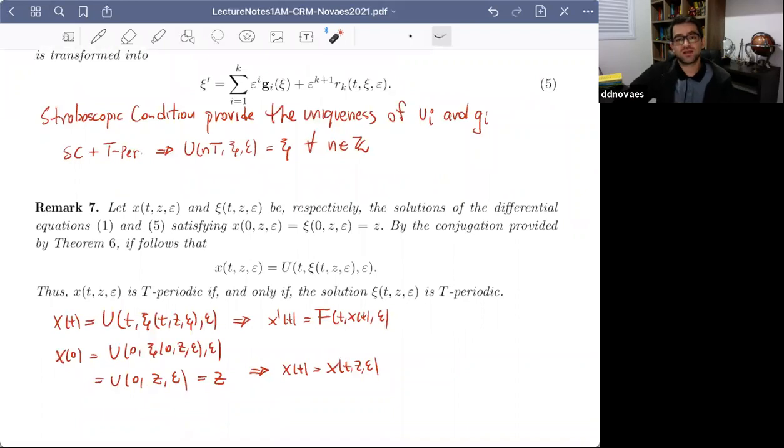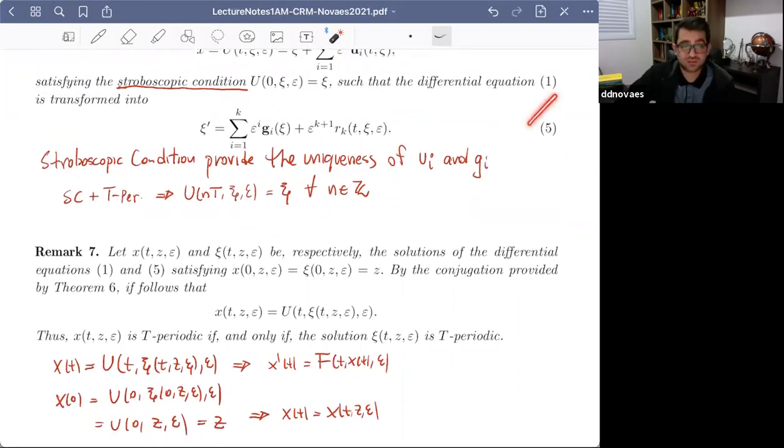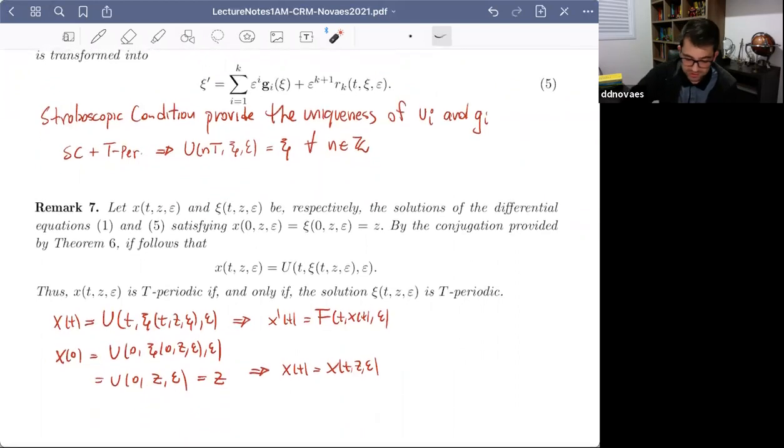So instead of studying directly the periodic solutions of our standard form, the difference equation 1, we can study periodic solutions of this transformed differential equation. So this is what I'm saying here: x(t, z, epsilon) is T-periodic if and only if the solution kc(t, z, epsilon) is T-periodic.